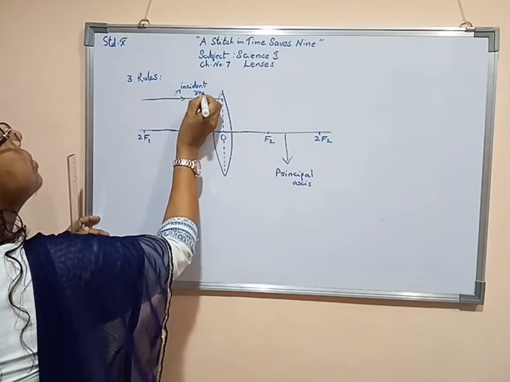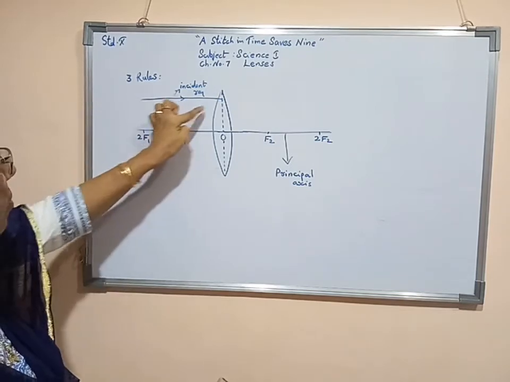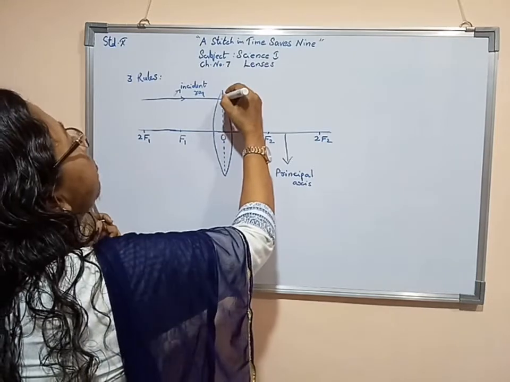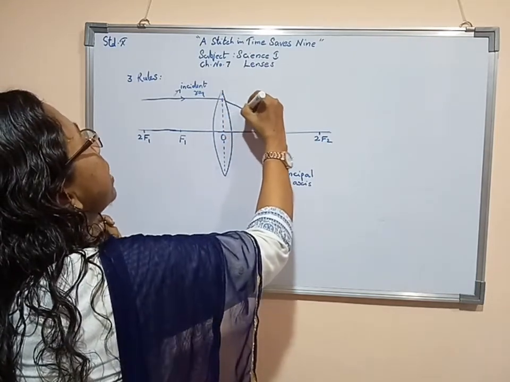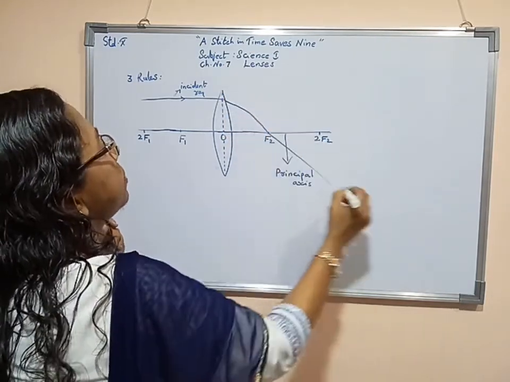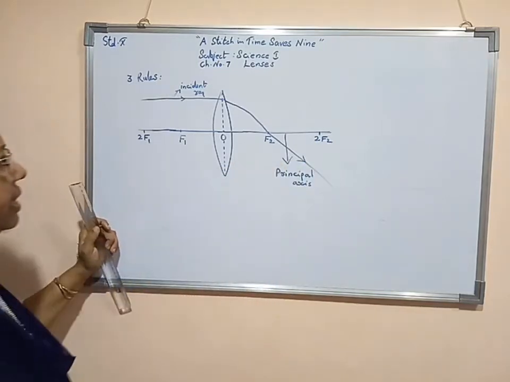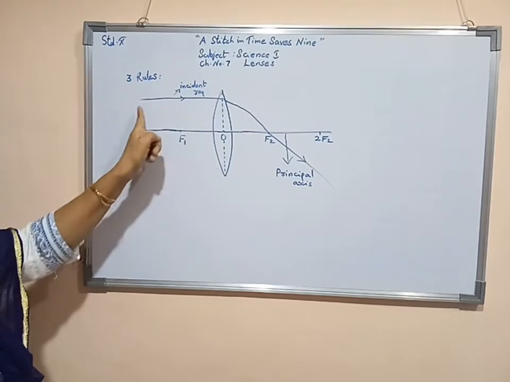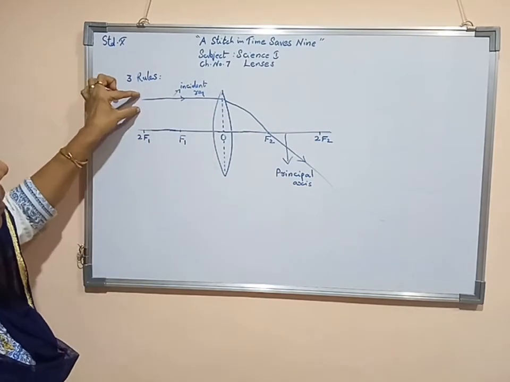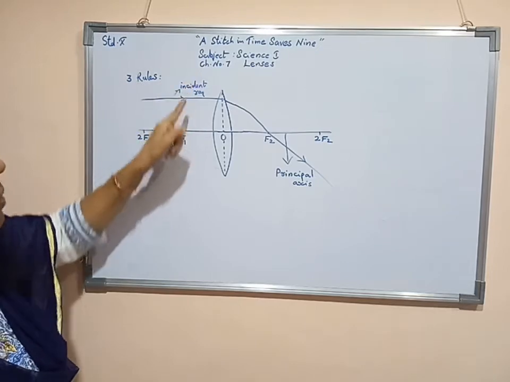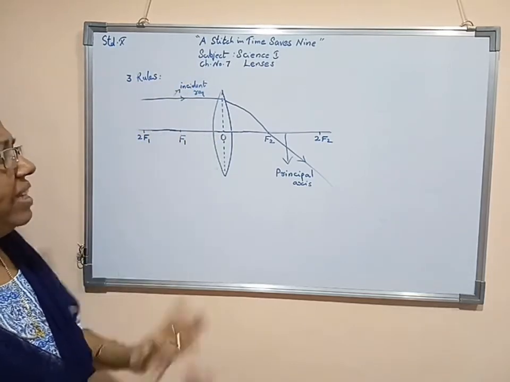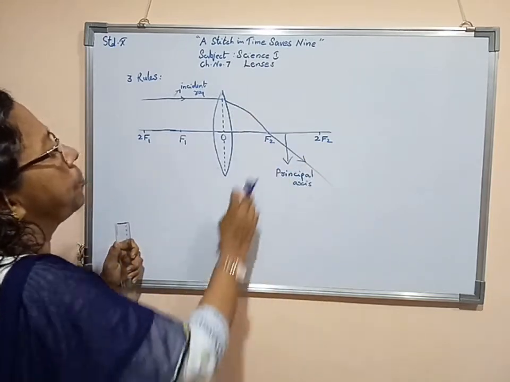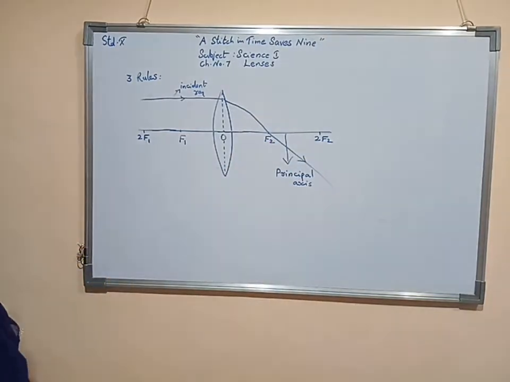So we can say that the ray which is parallel to the principal axis of the convex lens, after refraction, passes through the principal focus of the lens.